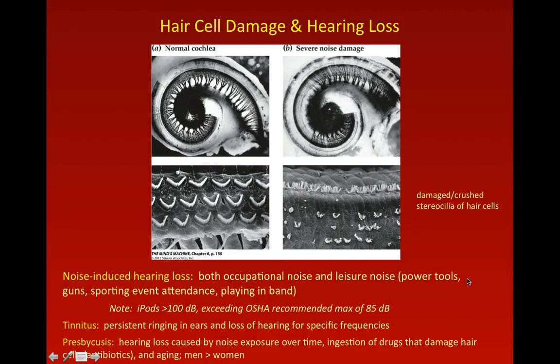So use of power tools, lawnmowers, guns if you're not wearing ear protection. If you work at an airport, obviously on the tarmac, you need to wear hearing protection. Most sporting events, if you go to a Ravens game, the sound of the crowd and the announcer and the music that's played through the loudspeakers well exceeds the safe level of 85 decibels, and you're there for 3 hours.